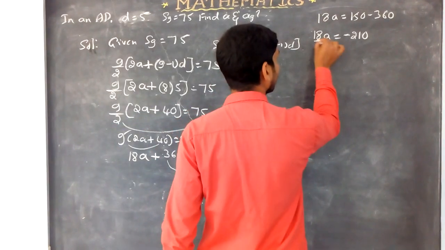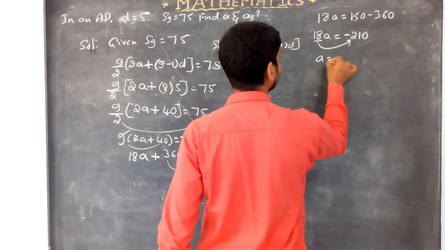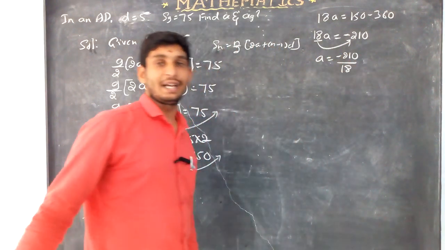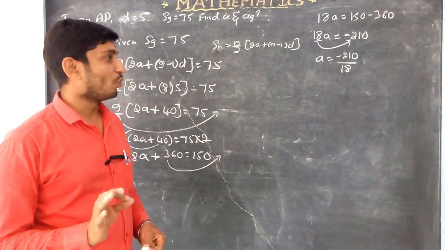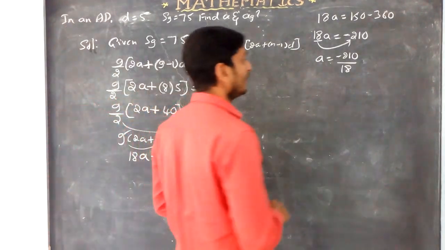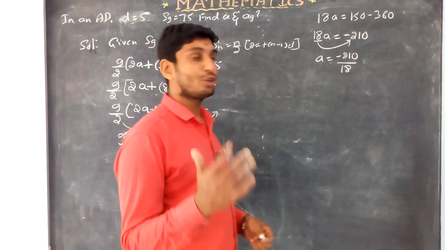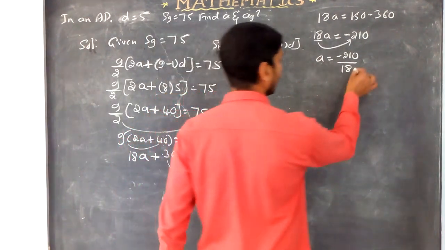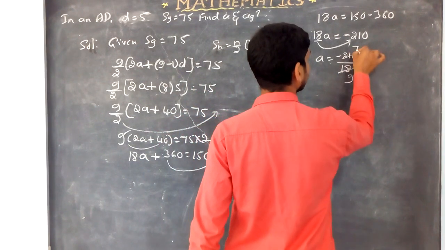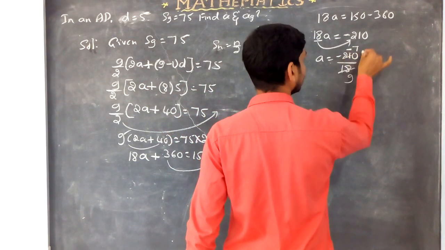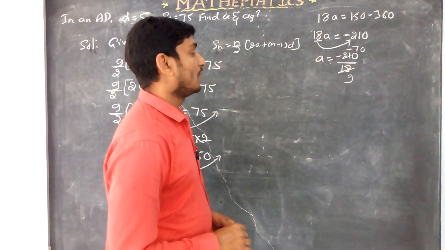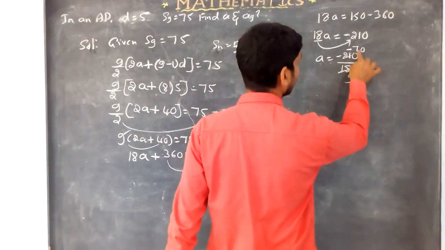I need a now, so transfer this 18 to that side. That is a is equal to minus 210 divided by 18. Both are divisible by 2, and even divisible by 3 also. Divide by whichever is the bigger number to make it easy. Let us go with 3: 3 6s are 18, 3 7s are 21, so minus 70 by 6. Is it further divisible by 3?